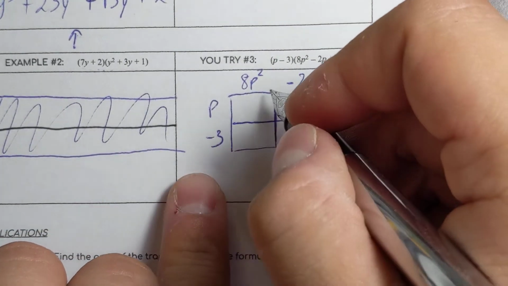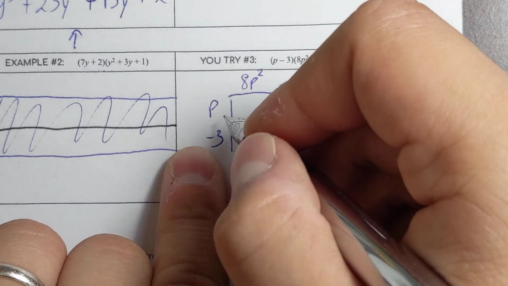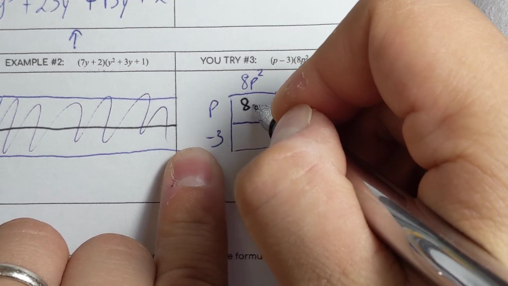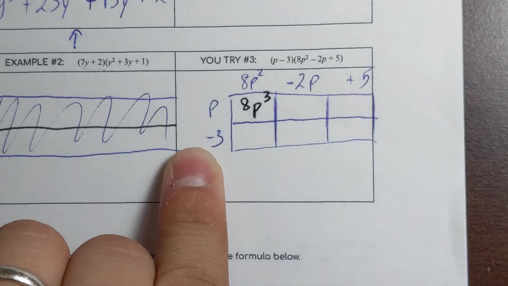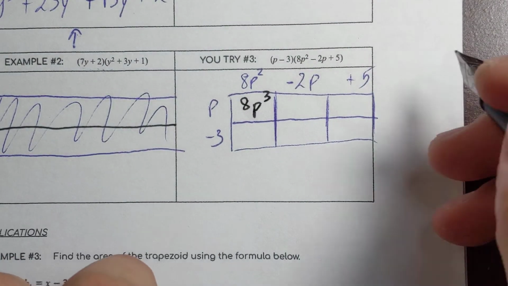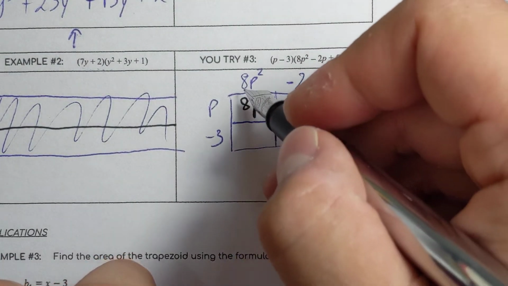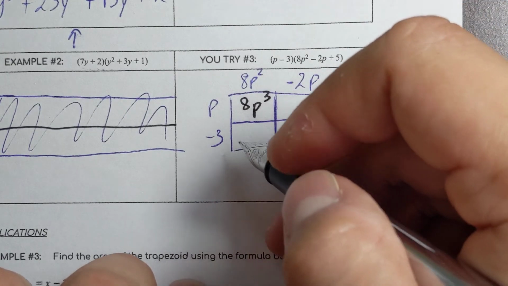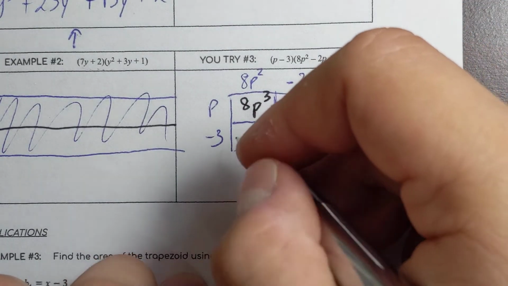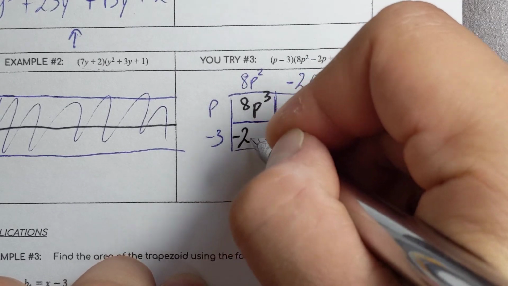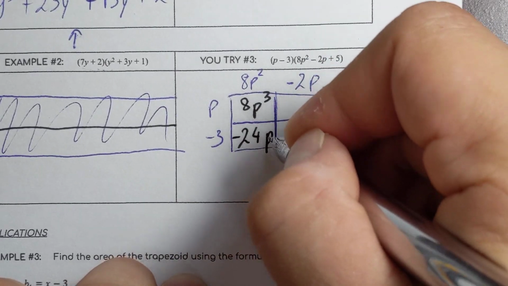Alright, so 8p squared times p should be 8p to the third power. 8p squared times negative 3, 8 times 3 should give you negative 24p squared.